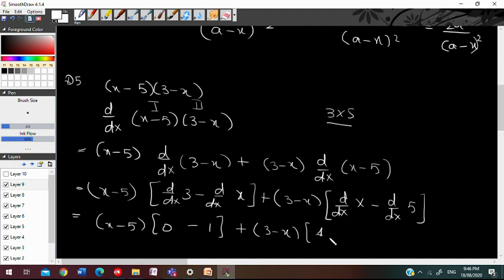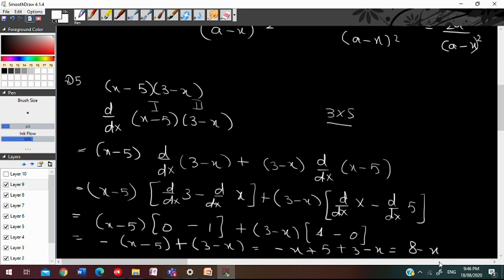So we get here 1 minus 0, 5 is a constant, that's why we have 0 here. So the answer is -(x - 5) plus (3 - x), and when you do -x + 5 + 3 - x, we have 8 - 2x, and this is the answer of our question number 5.